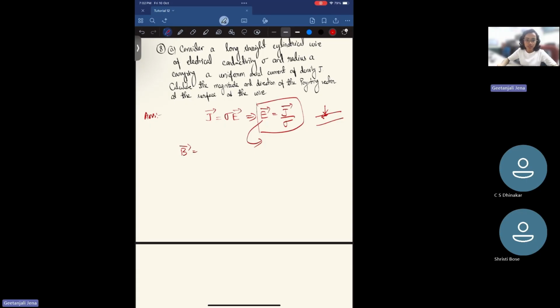If you take Ampere's law, the integral of B dot dl is mu naught I enclosed, or B is mu naught I by 2 pi a, phi cap. Or in terms of J, if you want to write it, I is J pi a square.